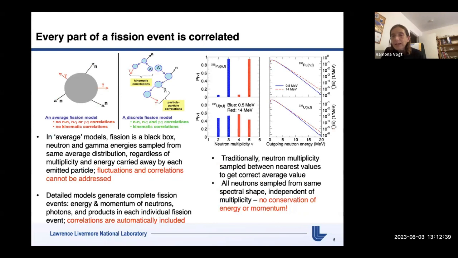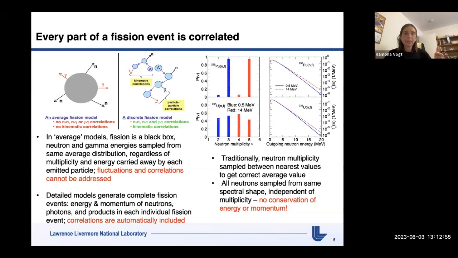So why correlated? Because every part of a fission event is correlated. I mean, the deterministic codes are more like on the left-hand side here, where you think of a fission event as an average with a bunch of neutrons and photons just coming out.